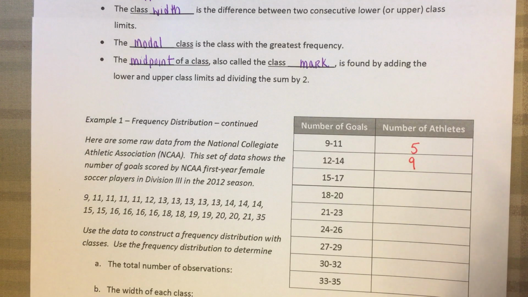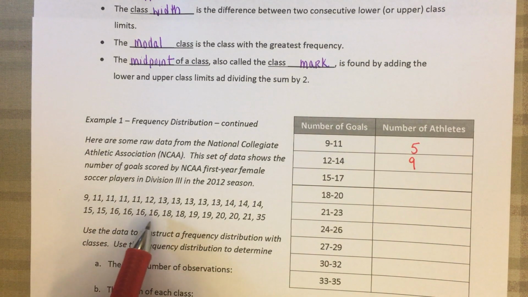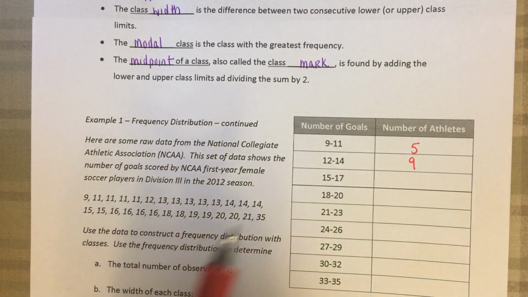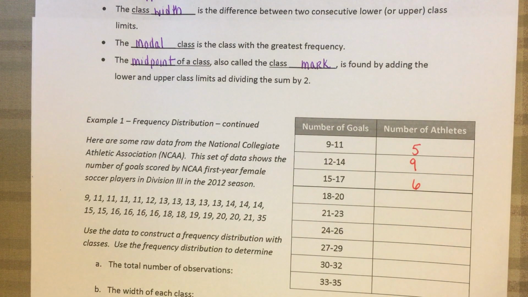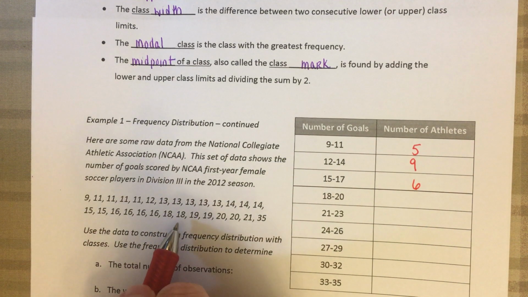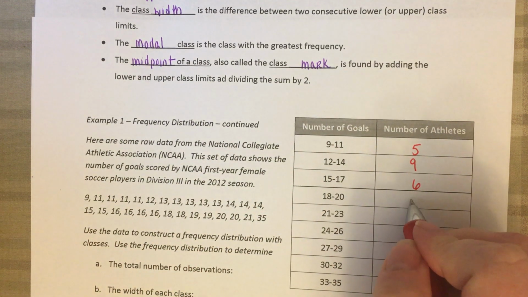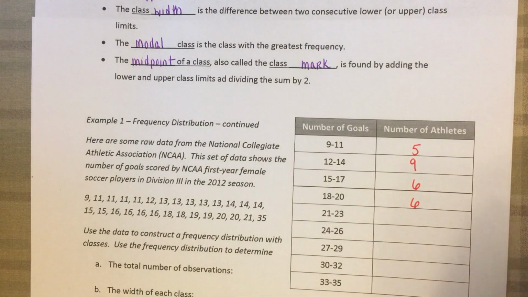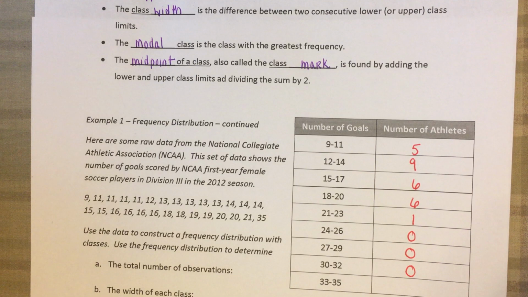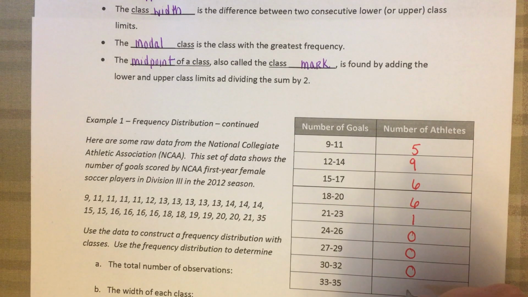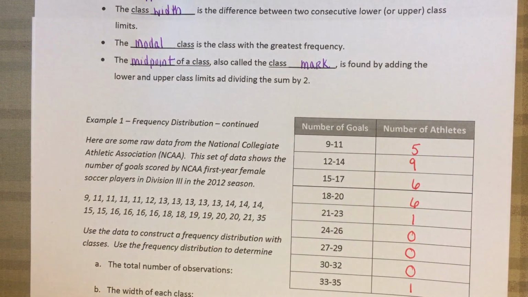From 15 to 17, we only have 15s and 16s here, but if we count those, we have a total of 6. 18 to 20, 1, 2, 3, 4, 5, 6. 21 to 23, we just have 1. We don't have anything in 24 to 26, 27 to 29, or 30 to 32, so all of those are going to get zeros. And then our 33 to 35, we just have 1 value.